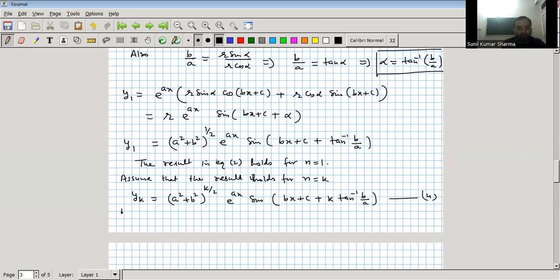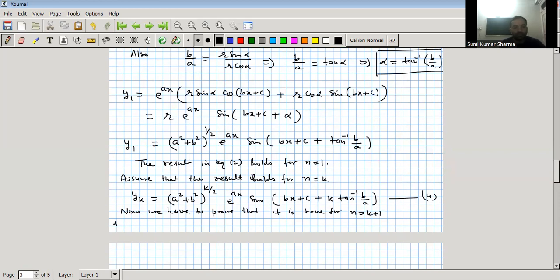Now what we have to do? We have to prove that it is true for n equal to k plus 1.